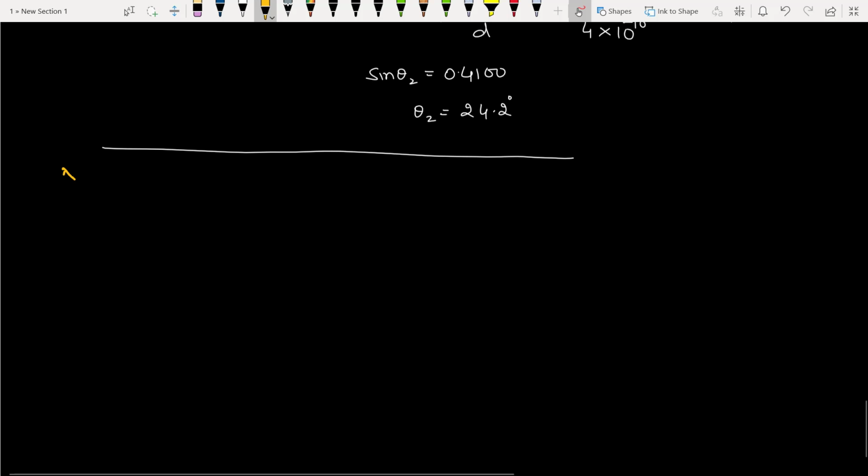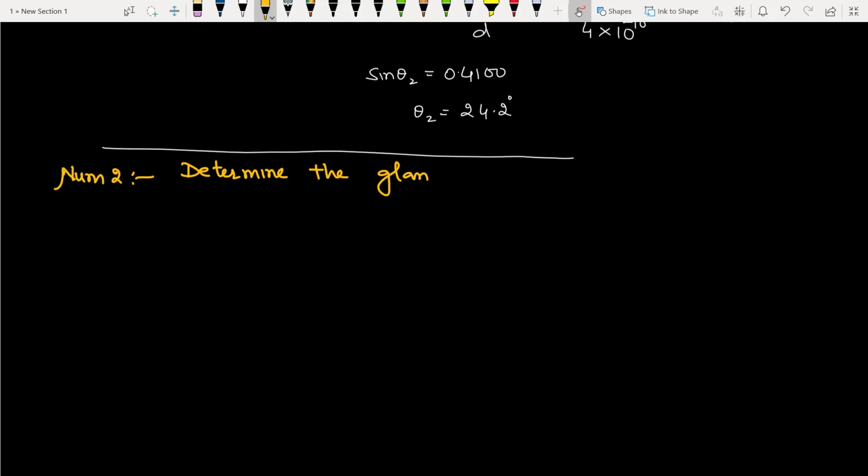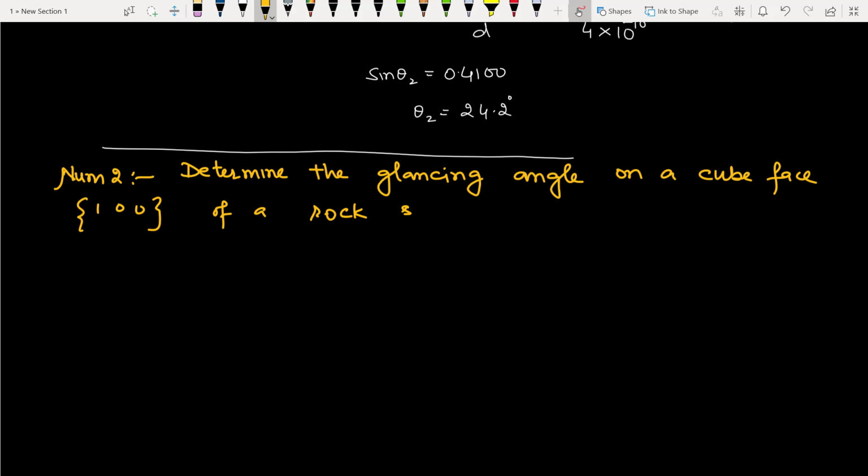The second numerical is: determine the glancing angle on a cube face of a rock salt crystal corresponding to second order diffraction.